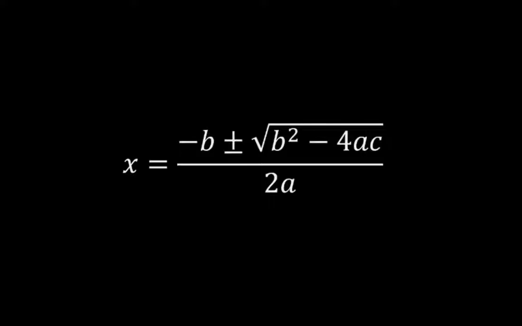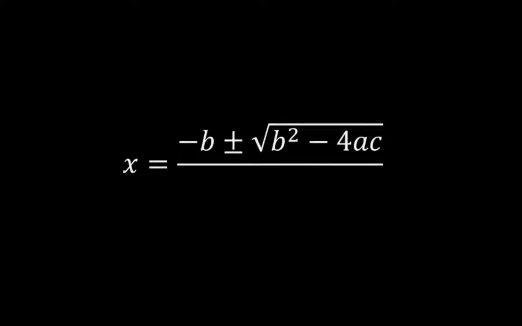X is equal to negative b plus or minus the square Better than root Mr. of Warnock? b squared minus 4ac all over 2a. X is equal to negative b plus or minus the square root of b squared minus 4ac all over 2a.